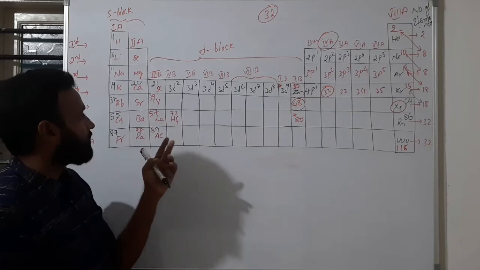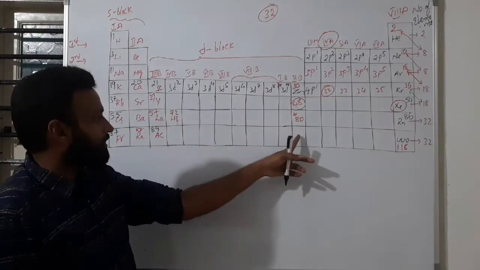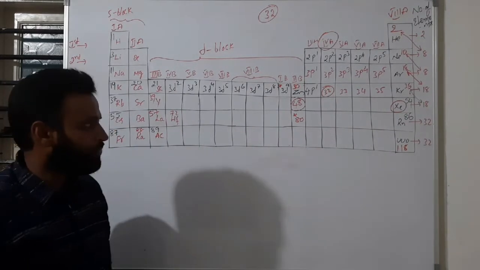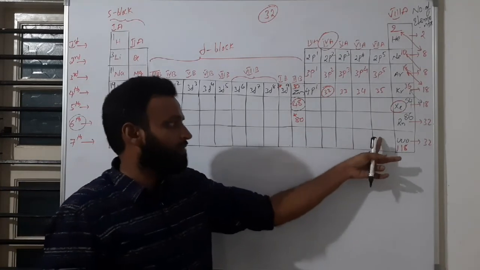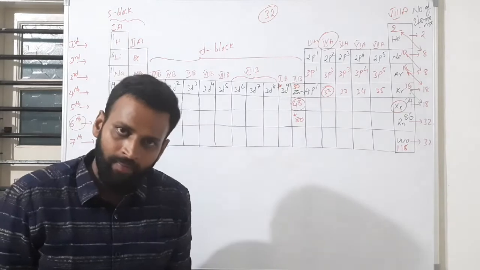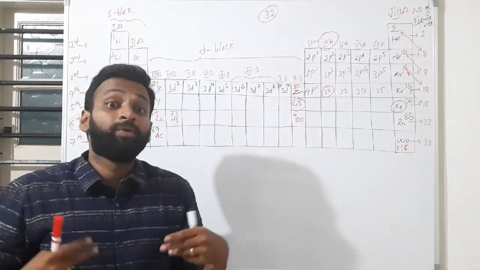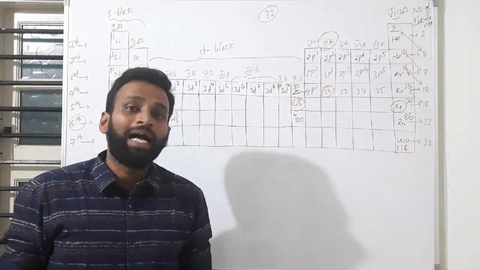Between 57 and 72 there are lanthanoids, we call. So here what can you say? 112 I think so. 80 plus 32. 112. 113, 114, 115, 116, 117, 118. Okay. Let's revise and let's habituate these atomic numbers, so it will be very easy for us. Have a good day.